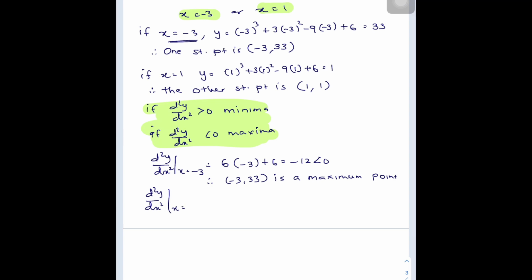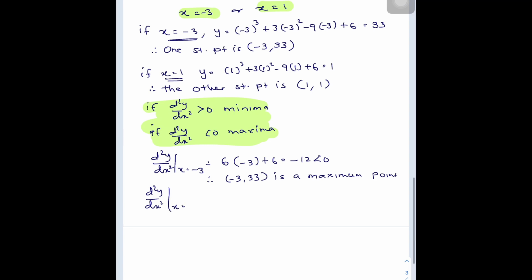And d squared y over dx squared at x equals the other one, 1, 1: 6 times 1 plus 6 is 12, more than 0. Therefore, 1, 1 is a minimum point.